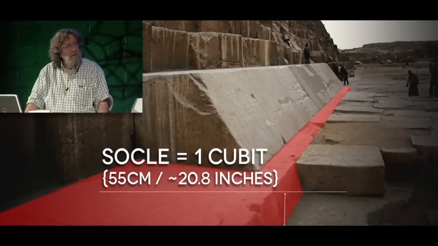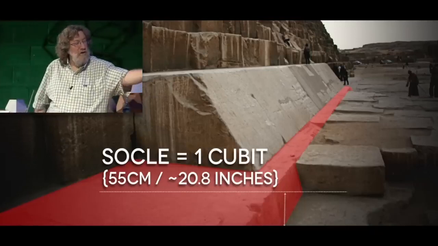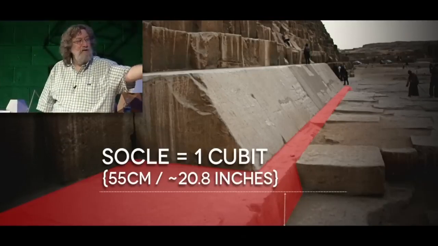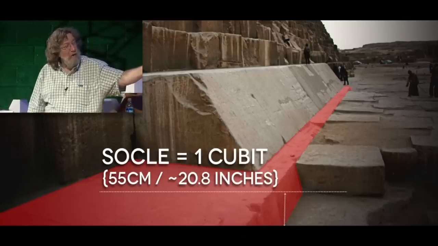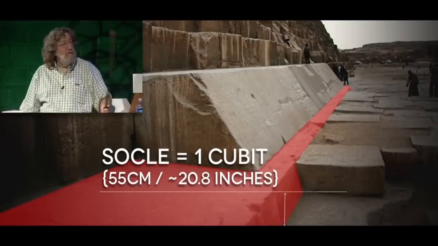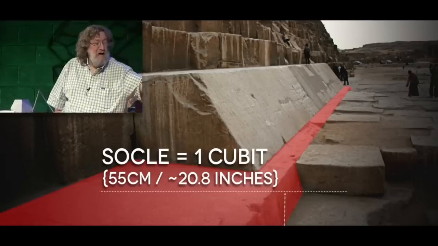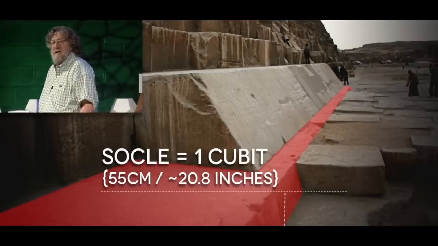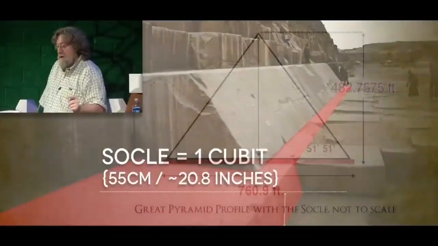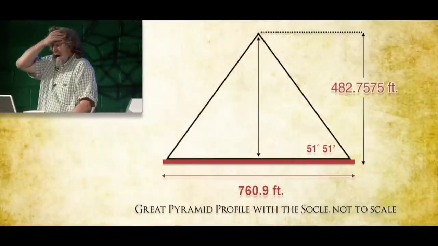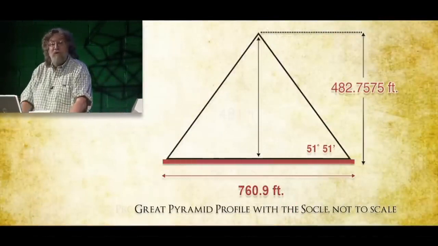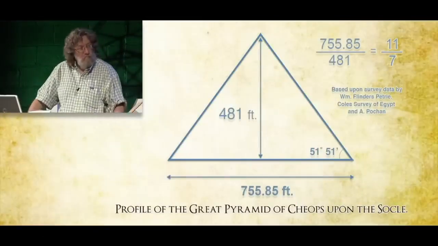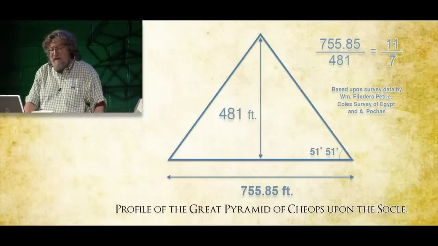Here you see that the casing stones were damaged by the rubble falling down, but enough of them were still intact that one could make this accurate determination of the original angle. Here's the socle, which is 55 centimeters thick, and it sits directly on bedrock. So it creates 2 ways that one could measure the height of the pyramid, either with or without the socle. There are also 2 ways of measuring the base.